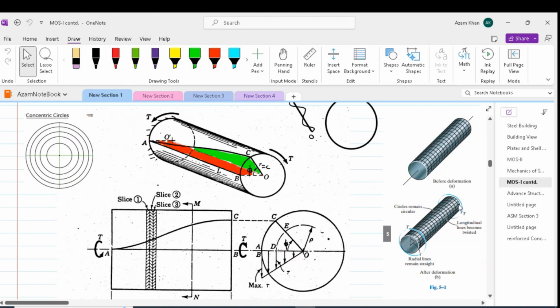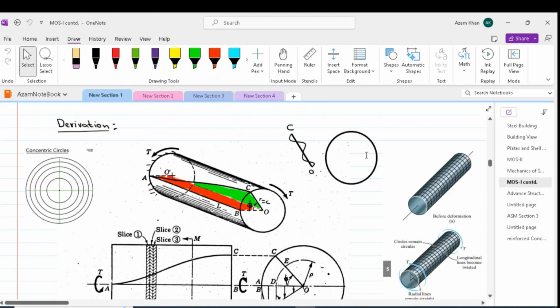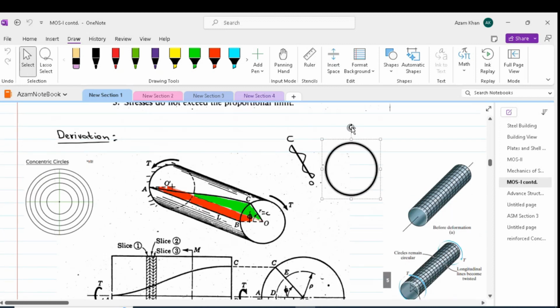Thus, at the support, the twist is zero, and as we move away from the support, the twist keeps on increasing. The important thing to note is that the circle will stay circle after deformation, so there is no warping allowed in this cylinder. Thus, we can say that at the most, because of u theta, the circle can rotate, but there won't be any change in the circumferential deformation.